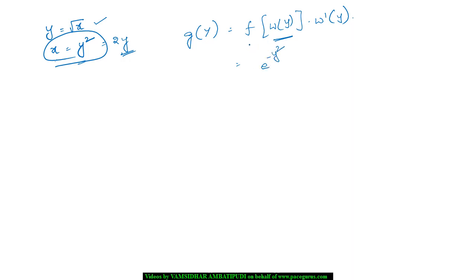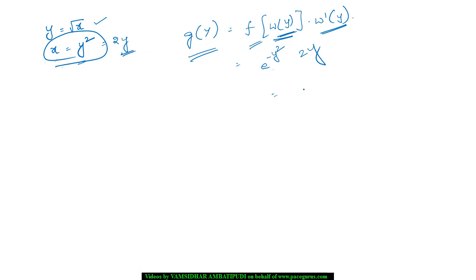In this case, if I want to find the density function of y, we will first get the inverse function of x. So the inverse function of x is y squared. That inverse function of x we will substitute into the density function of x, e to the power of minus y squared, and we will also take the derivative of x with respect to y, which is nothing but 2y.